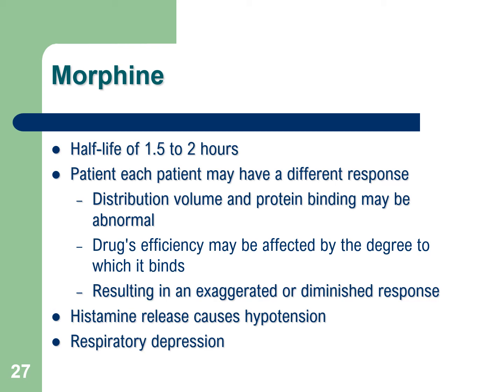Another concern is histamine release. When histamine is released in the body, it creates a vasodilating effect, which causes hypotension. And another concern is respiratory depression. Too much morphine will suppress the respiratory cycle and make the patient apneic. So you really need to be careful about these things.